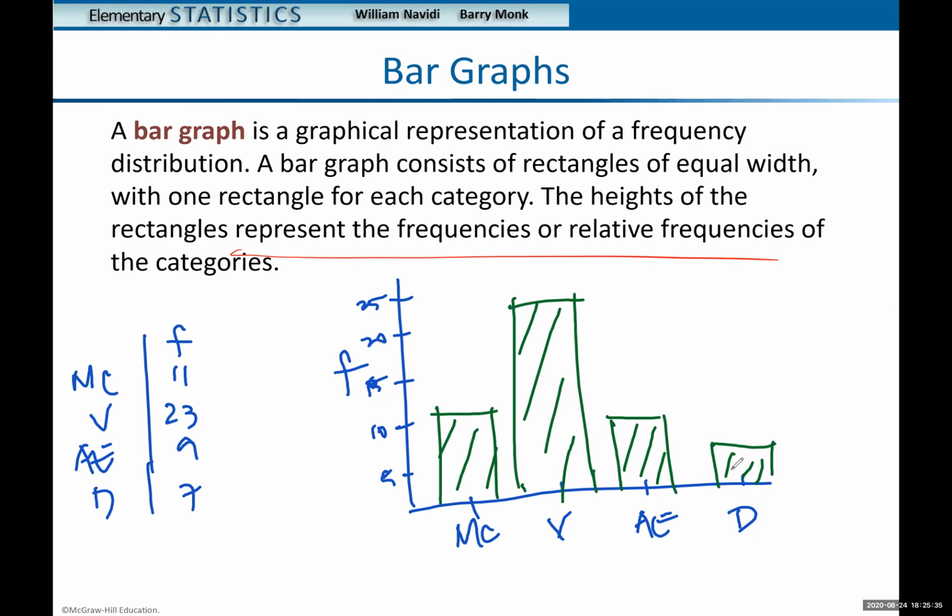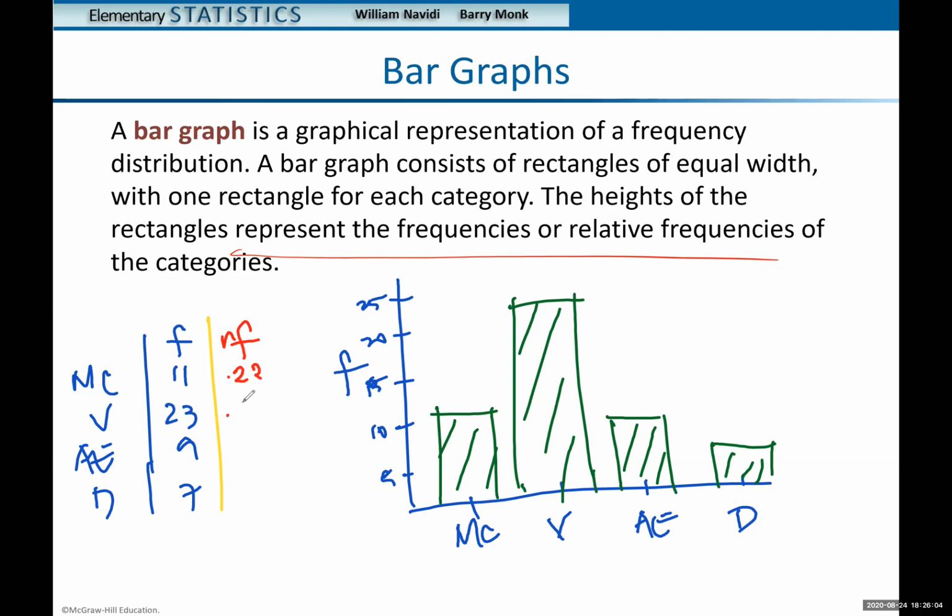So it's the same thing if this is a frequency graph. It's the same thing if you use the relative frequencies. So earlier we got the RFs. What is the relative frequency of MasterCard again? 0.22.